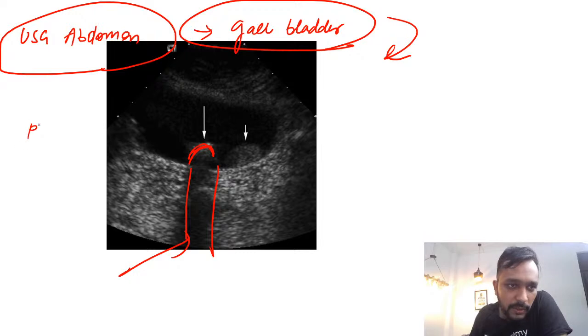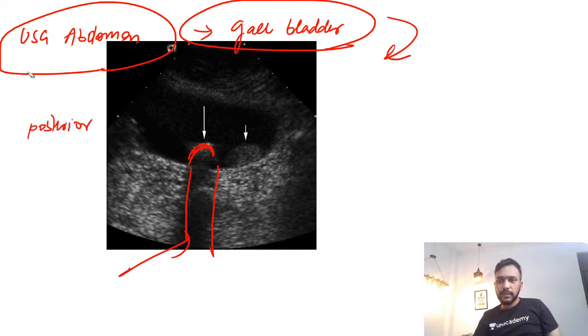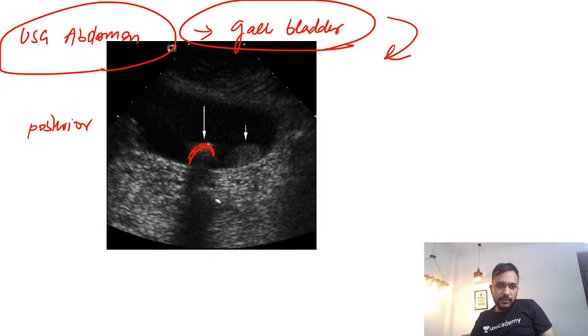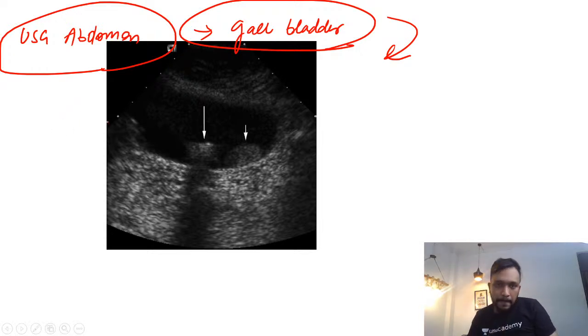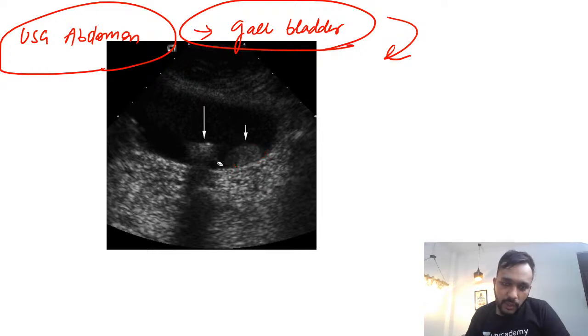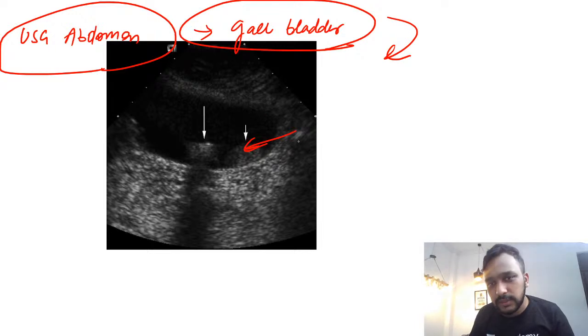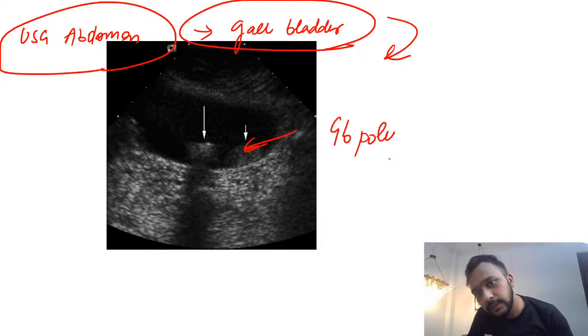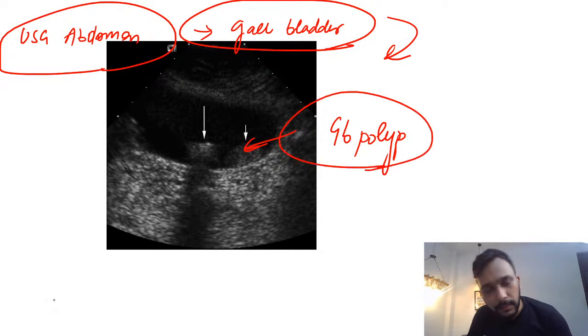This is how posterior acoustic shadowing looks. And this is another hyperechoic lesion in the gallbladder wall that is not showing any acoustic shadowing. This was the case of a gallbladder polyp.